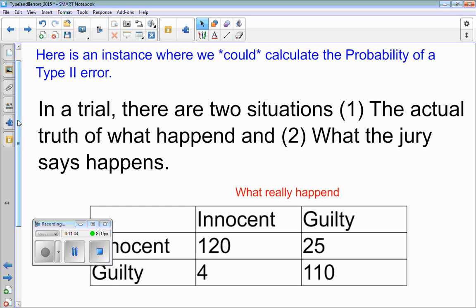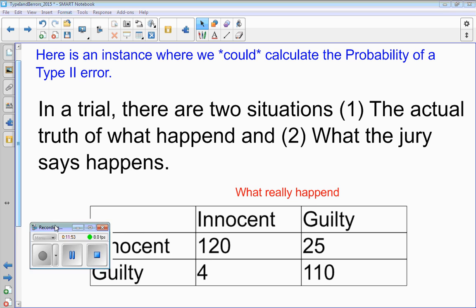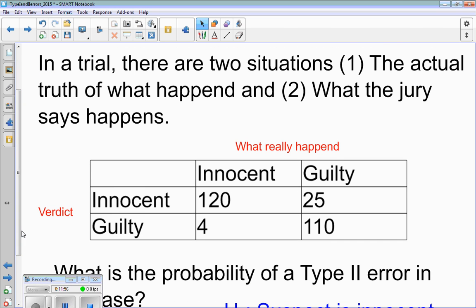So let's say I went and observed some cases and surveyed some people, and the number of innocent victims, what really happened, was 124, and there were 135 guilty victims. Okay? There were 135 people that actually did it. They pulled the trigger. Okay?